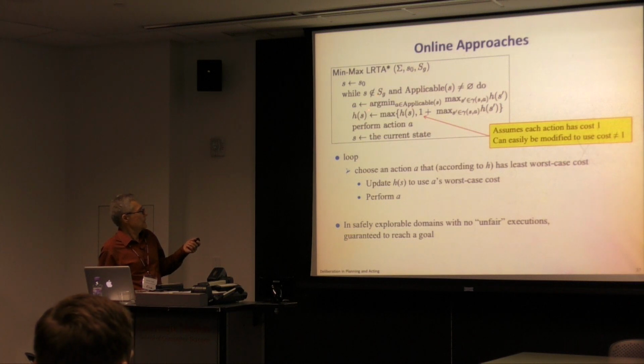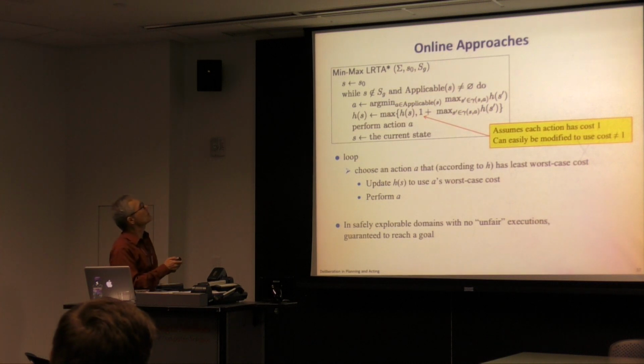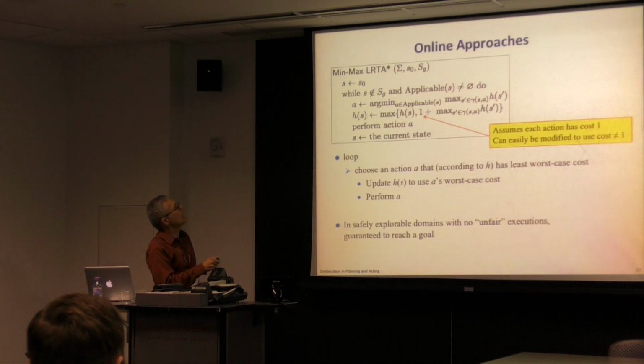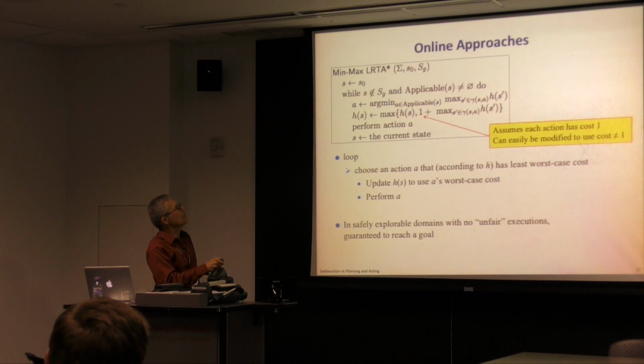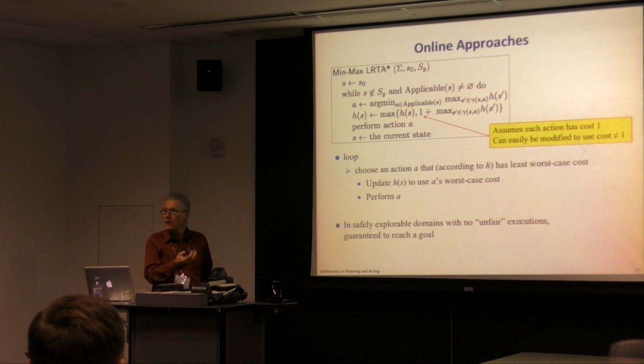Here is an algorithm that does a certain amount of learning. It's called min-max LRTA star. It goes around in a loop where it looks at whatever the current state is. As long as it's not a goal, and as long as there's at least one applicable action, it will apply a heuristic function to the applicable actions.